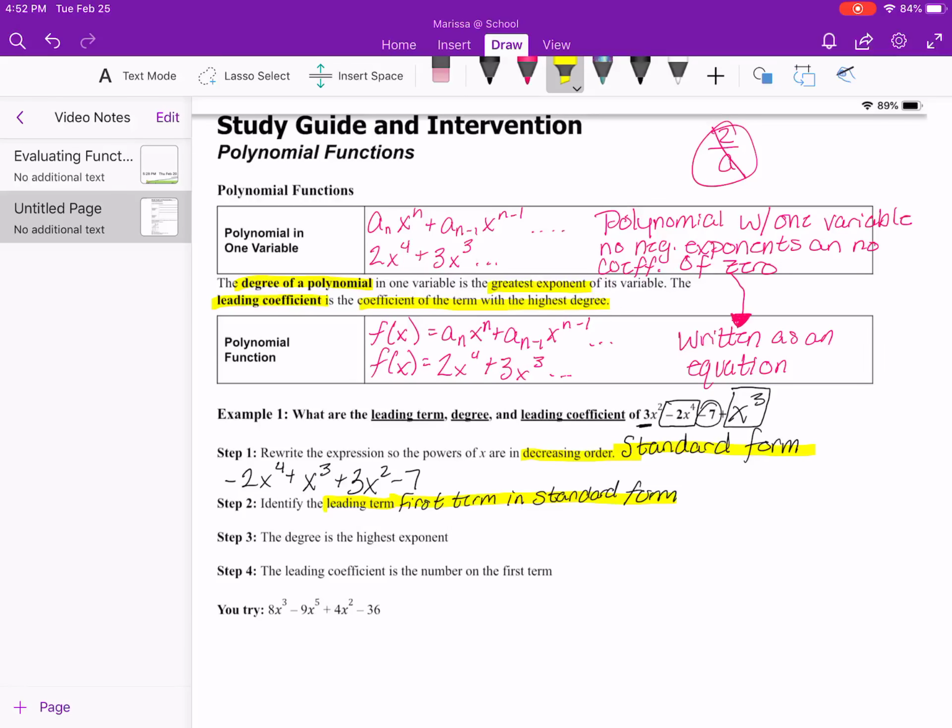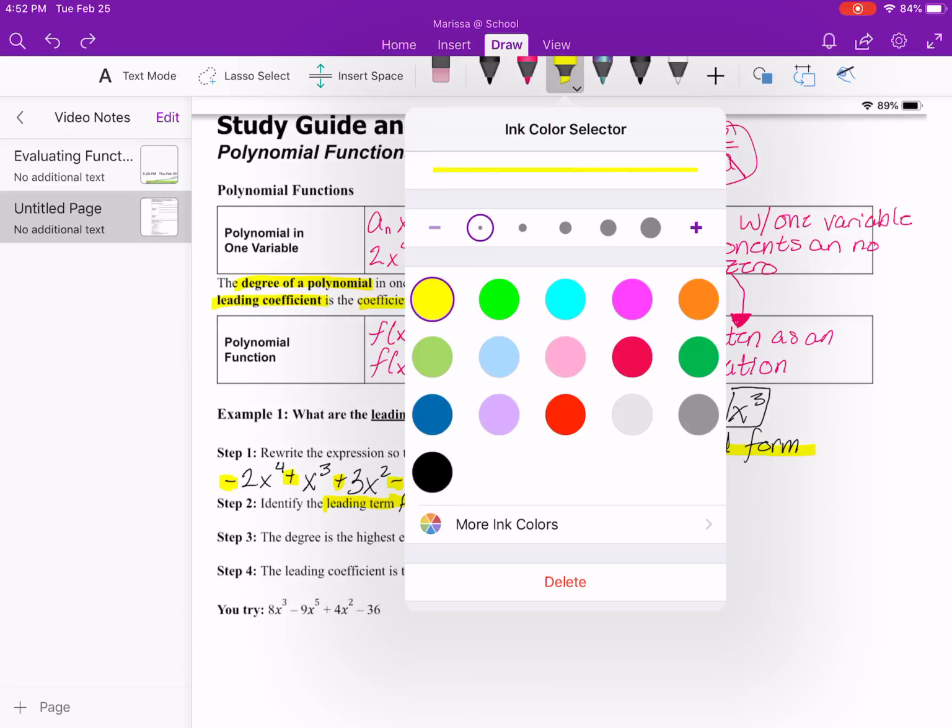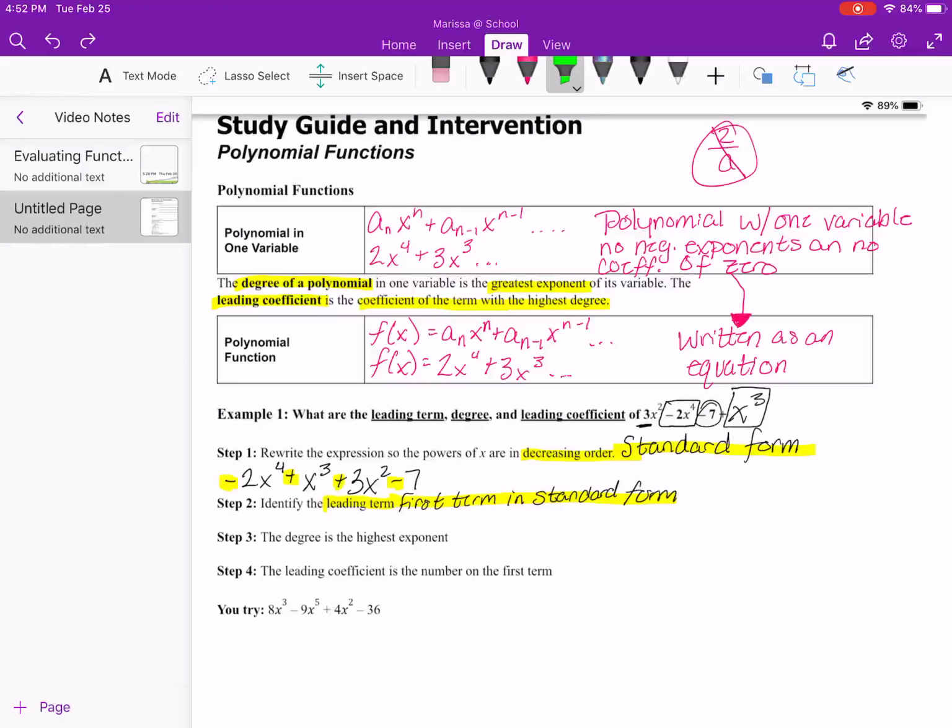Remember, your terms are separated by addition and subtraction. If I had numbers in front of here, like 1a, then I would have a term in the front, but that term's not there, so I'm going to take it out. So my leading term then is the entire thing with its sign, whatever is in front of the next addition or subtraction sign. So my leading term here is negative 2x to the 4th power.